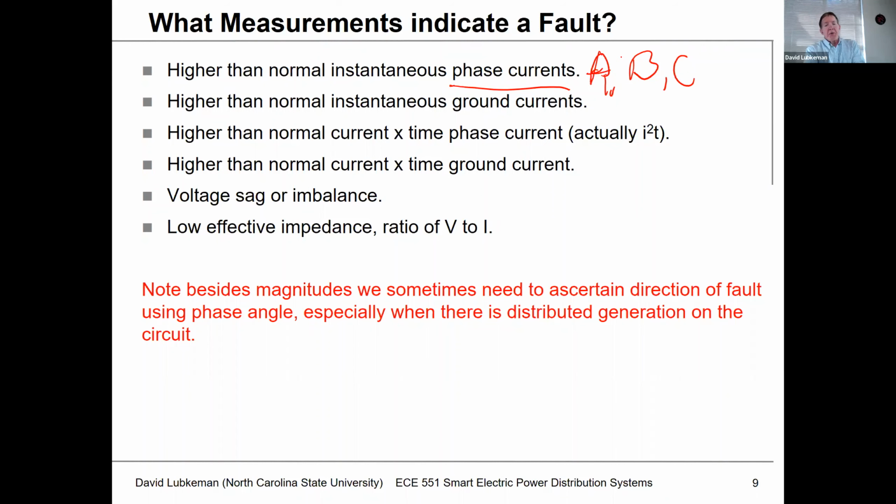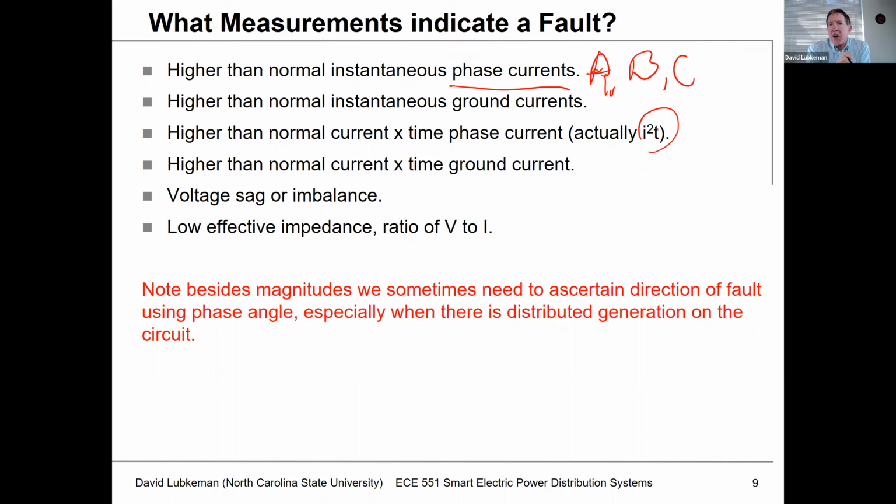The other thing we could do is not just look at the instantaneous current, but look at the current squared times time. In other words, we can look at what's called an I²T characteristic. Because if I had a motor start, let's say, even though the current's going to jump up temporarily, it's going to drop back down once the motor gets up to speed.